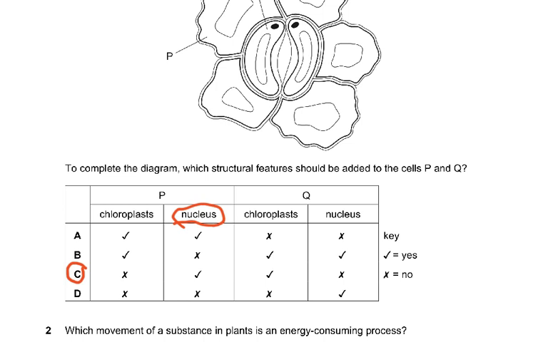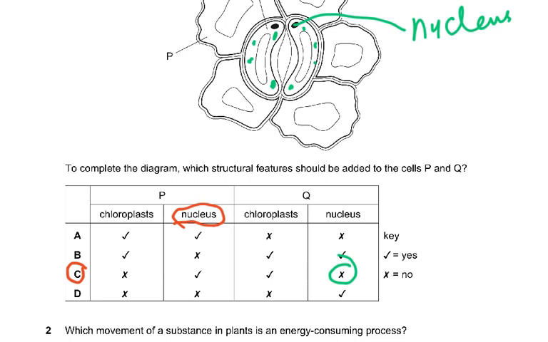But in cell Q, what do you need to add? Cell Q, you need to add a chloroplast. So there are chloroplasts inside the guard cells. Also you have to remember that the nucleus has already been added, so no nucleus needs to be added. This is the nucleus.